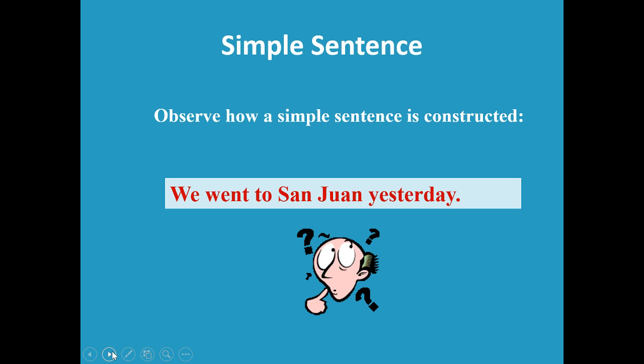So this is a simple sentence. A simple sentence has just one clause. There are no additional clauses.